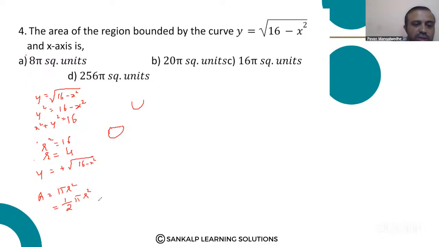The r value is already known, which means half into pi into 4 square. 4 square is 16, divided by 2 that is 8. So the answer is going to be 8 pi. So option A is the correct answer.